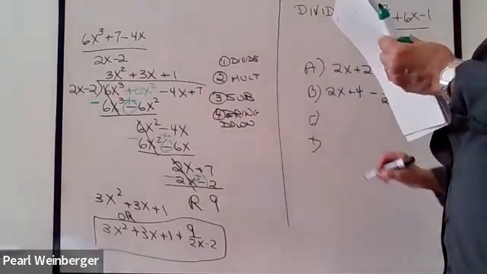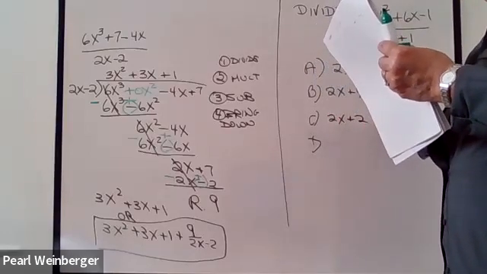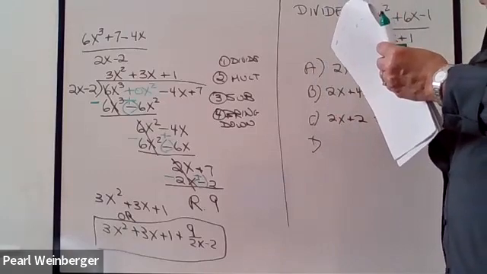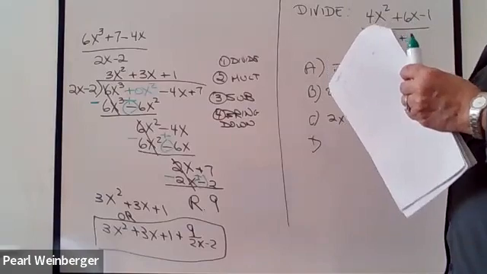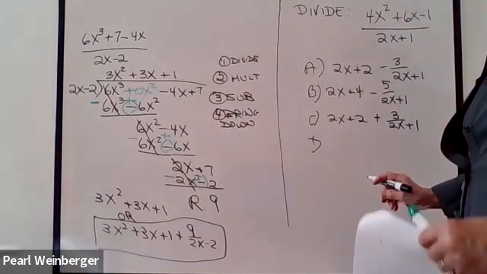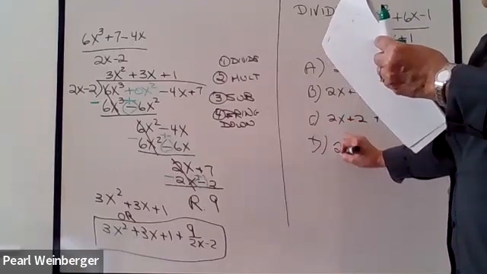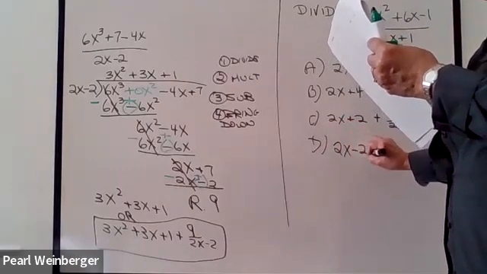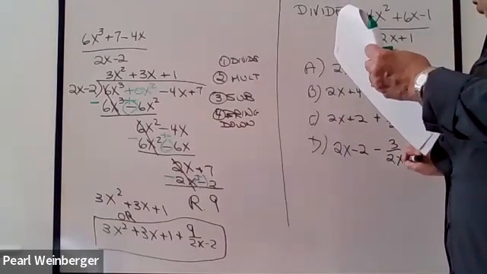Choice C is 2x plus 2 plus 3 over 2x plus 1. Notice how similar these answers are. You really have to do the work in order to get the right answer. And then you have 2x minus 2 minus 3 over 2x plus 1.